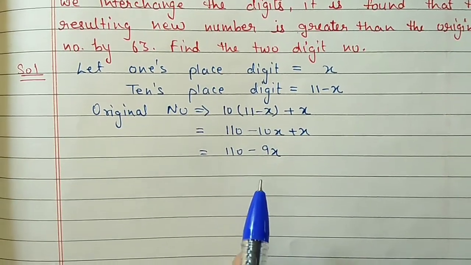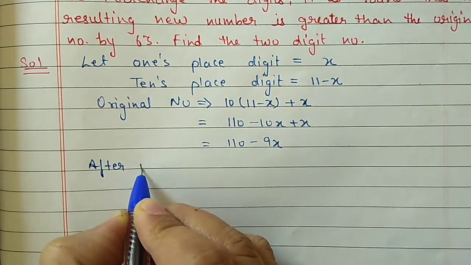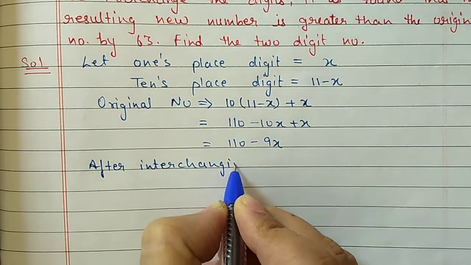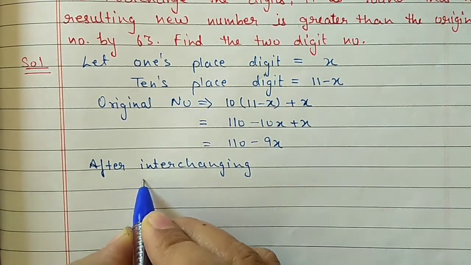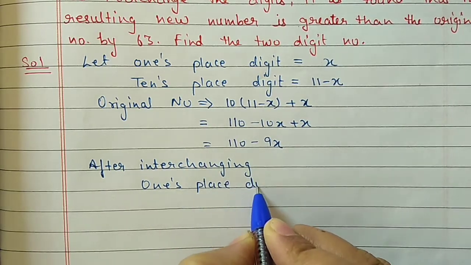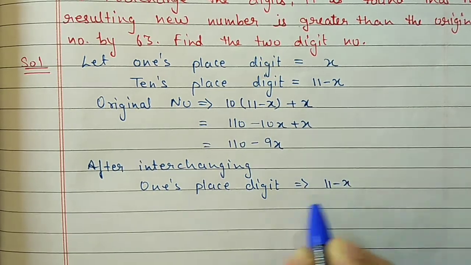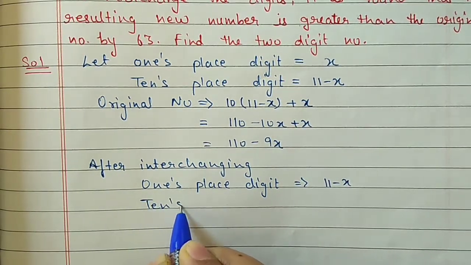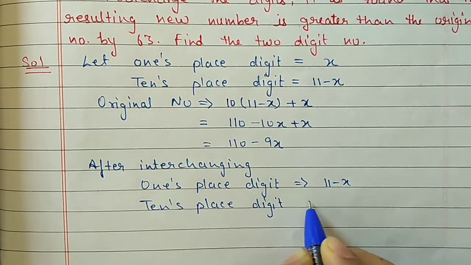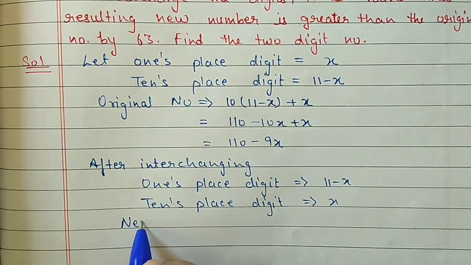Now we have to interchange the digits. So after interchanging, ones place digit will be 11 minus x and tens place digit will be x. Both the places we have to interchange.